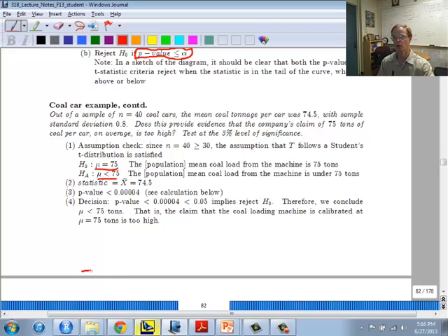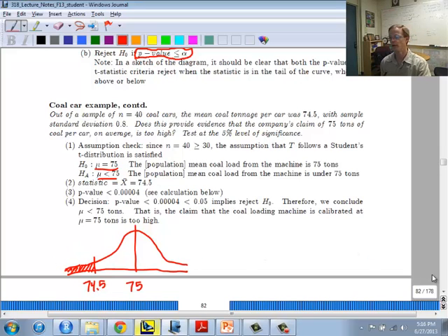So the curve sketch is going to go like this. Okay, mean of 75, and we got 74.5. The p-value is going to be this region here, whatever it is. We just need to find out.